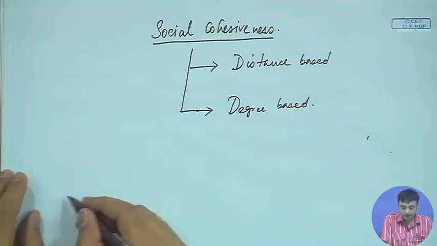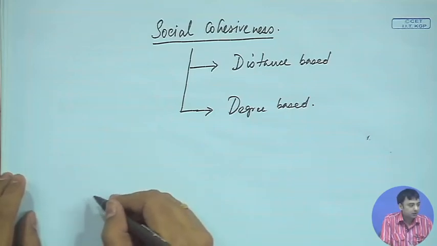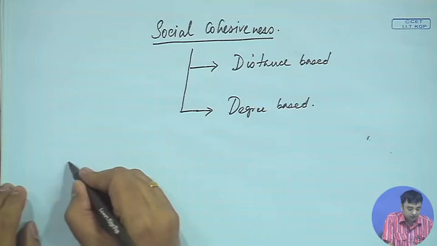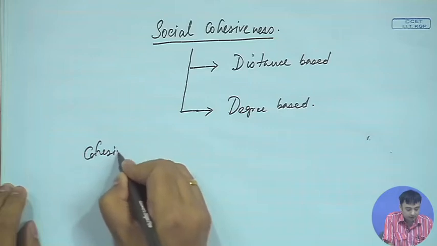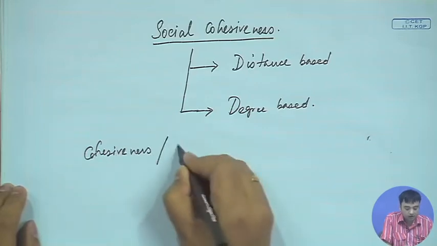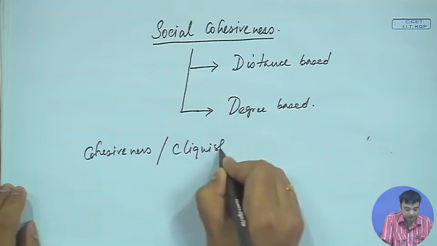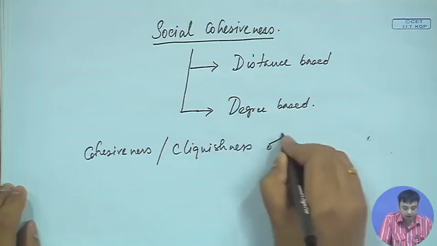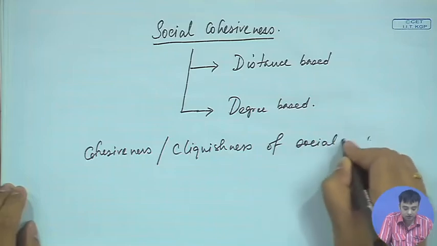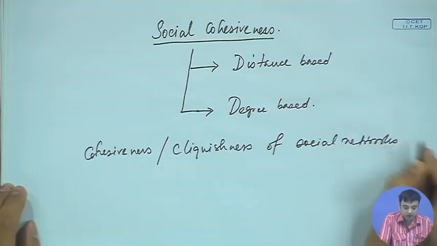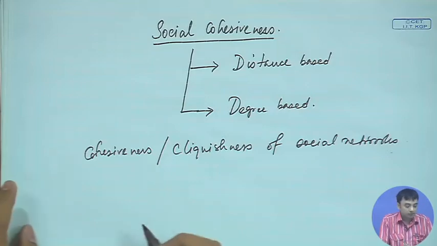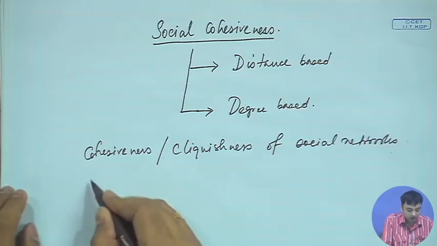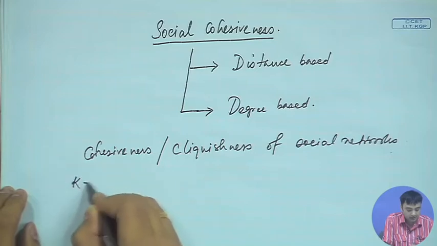The cohesiveness or cliquishness of social networks can be measured, as I said, through these two different ways, either distance based or degree based methods. The first definition that we will come across is K-cliques.